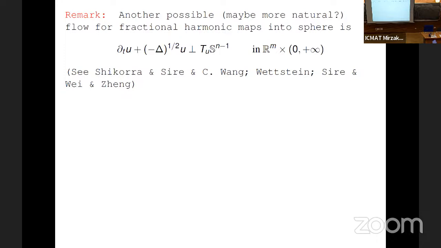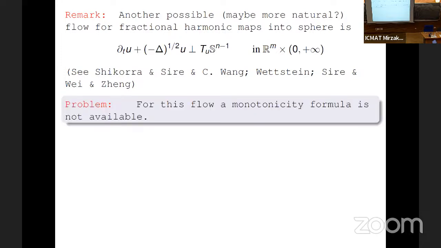Maybe you want to see whether you can reproduce the very same results we have for this flow. If you look back at the program, first monotonic energy, you realize that for the moment we don't have any monotonicity formula for this flow.